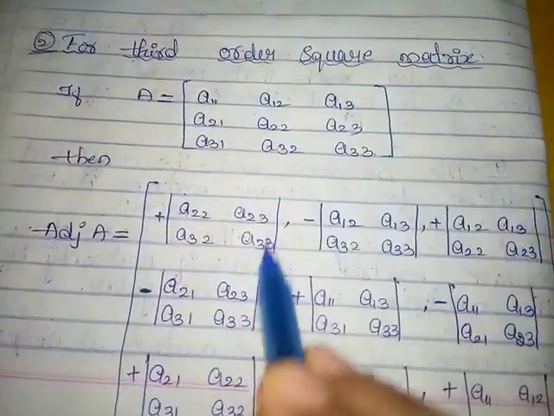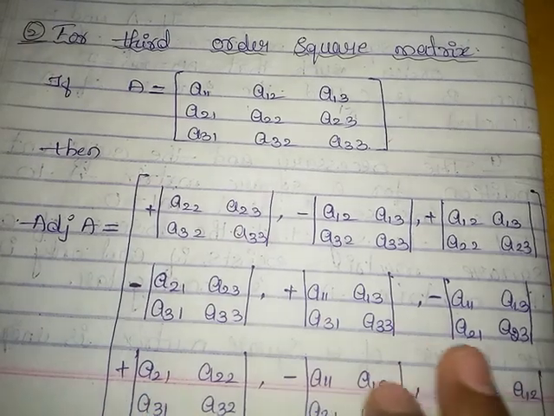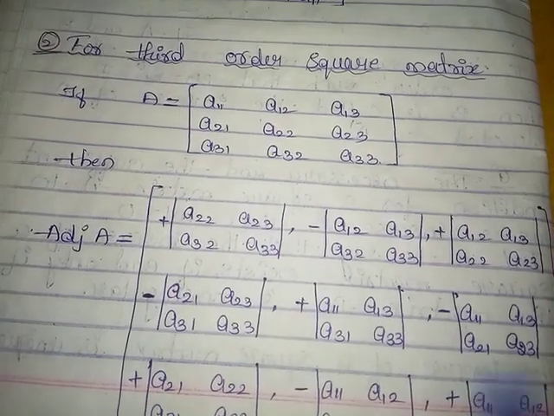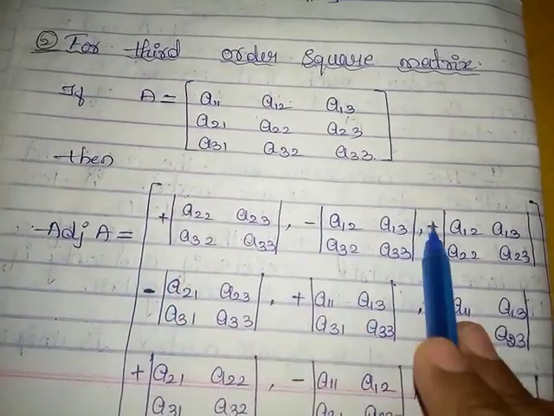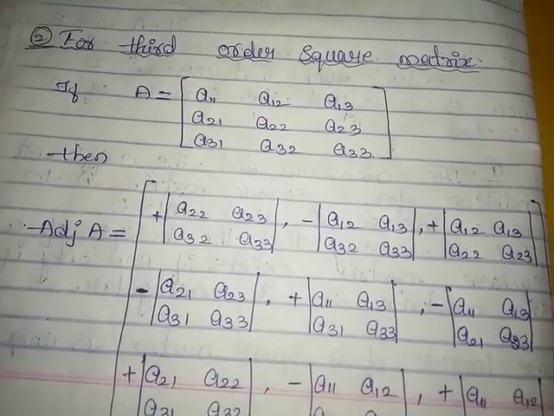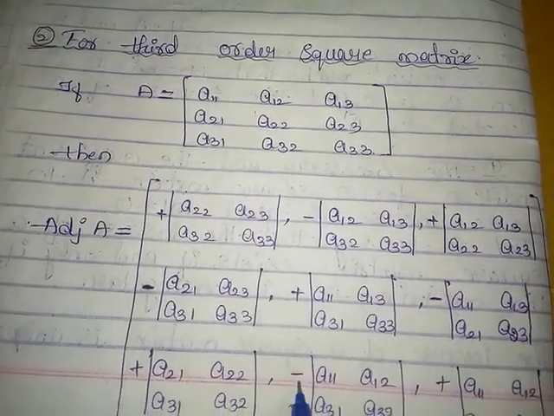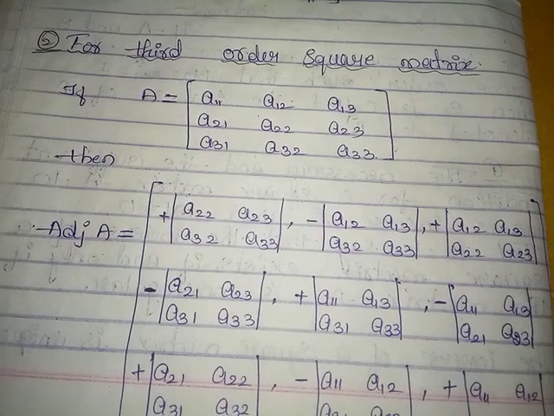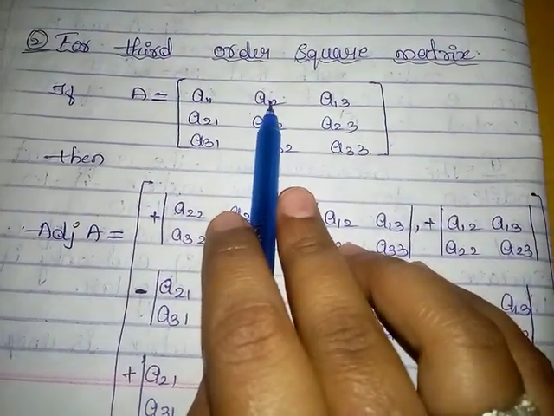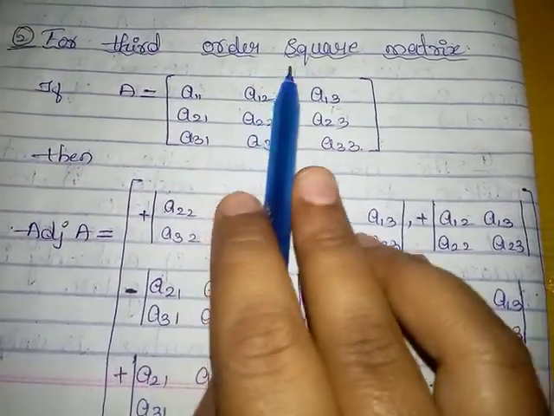Next, here also we have to take alternating signs. First is positive, negative, positive, negative, positive, negative. Next element is what? A12.